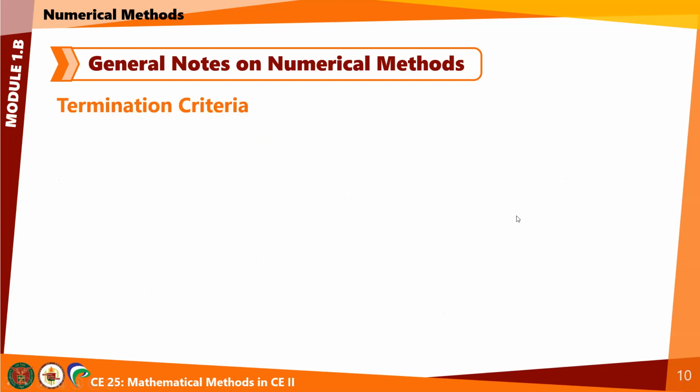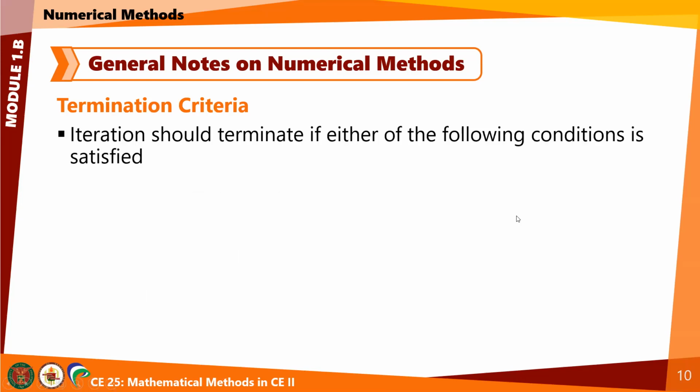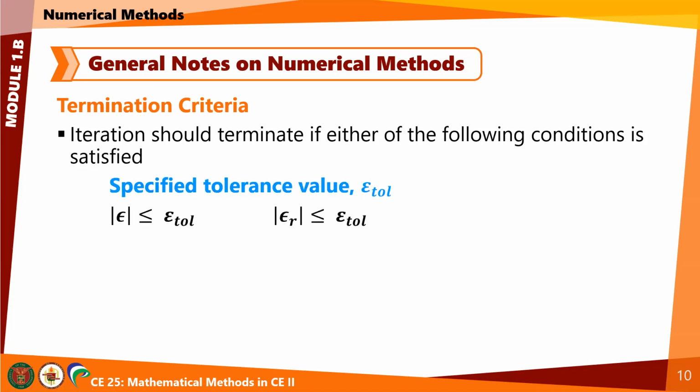Termination criteria. Iteration should terminate if either of the following conditions is satisfied. We have what we call a tolerance. In this case, you are okay with your numerical method having that much error.